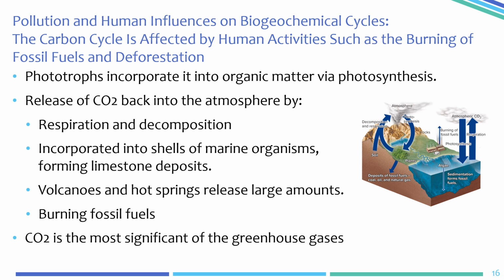Carbon is found in the non-living parts of organisms, so shells of marine organisms. It's also found in rock, in limestone deposits. Other natural sources of carbon dioxide are volcanoes and hot springs, but human releases of carbon dioxide mainly come from burning fossil fuels. So carbon dioxide is the most significant of our greenhouse gases.